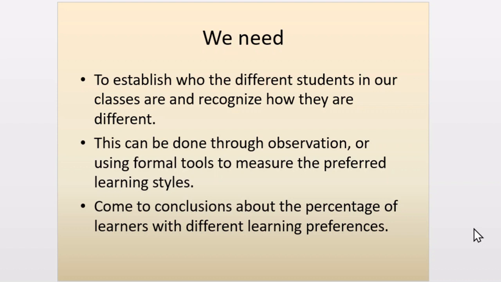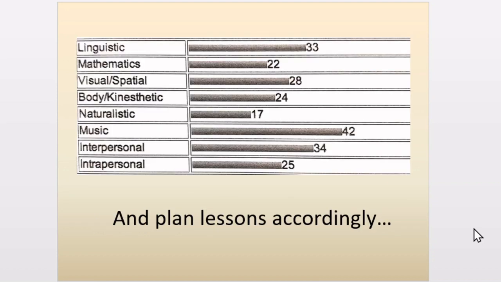So then we come to conclusions about the percentage of learners with different learning preferences. Well, this again is not a must, or there is no monolithic way in which this can be done. There is not even the need to do it in a structured manner, but people have done it in a structured manner, drawing conclusions like this, saying that my class has 33% people who are linguistically intelligent, 22% with logical intelligence, 28% with visual intelligence, like that.